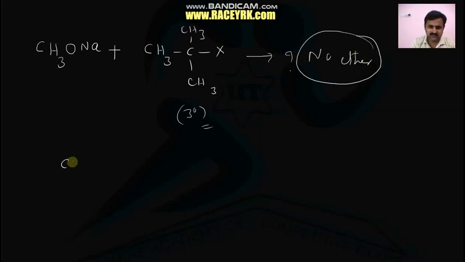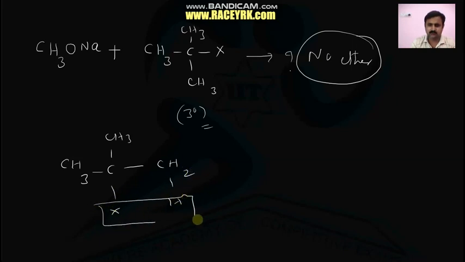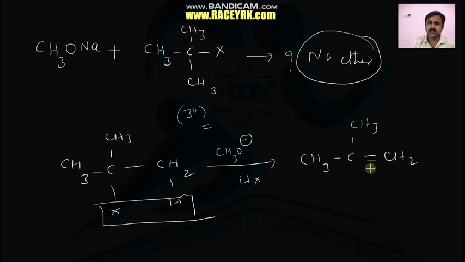Why? Because of the CH3 groups, I can write this as CH2 with H, and this one is X. In the presence of a strong nucleophile, that is ethoxide or methoxide, what happens? There will be removal of HX and formation of an alkene, not the ether. So an alkene, 2-methylpropene, is formed.